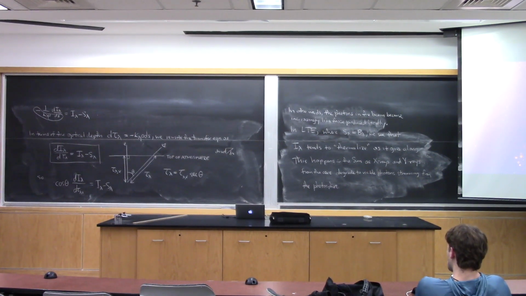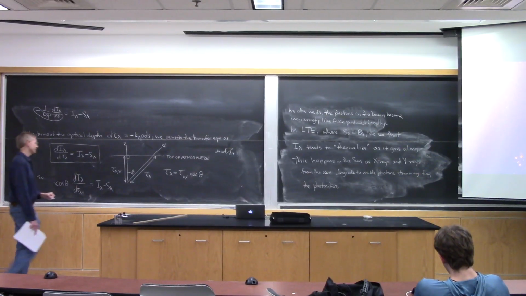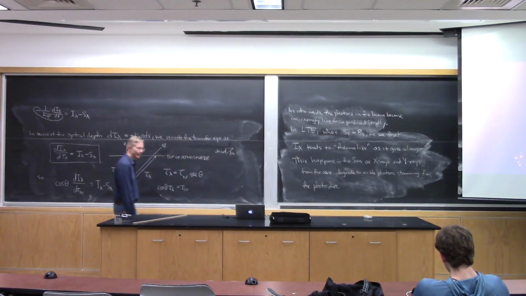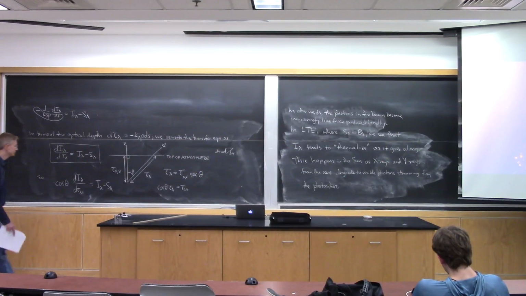So now I've written an equation where if I'm looking at some angle theta, the cosine of theta takes care of that. So in other words, tau lambda is tau lambda vertical times sec theta, but of course it also says that tau lambda vertical is the cosine of theta times tau lambda, but it goes the other direction too.